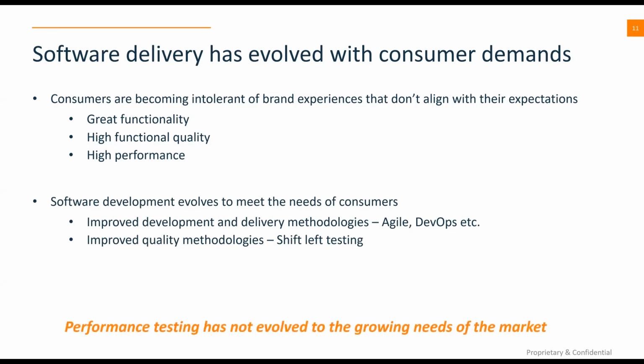Yet performance testing has not really evolved to the growing needs of the market. We see so much about test automation and functional testing shifting left, maybe even security testing shifting left. But performance testing has really lagged behind the other types of testing in this adoption.